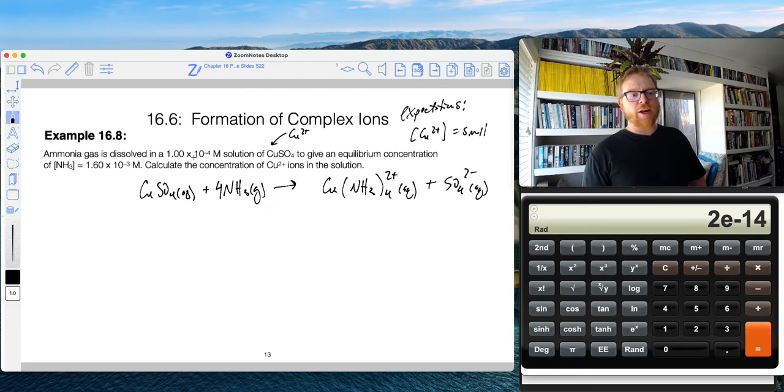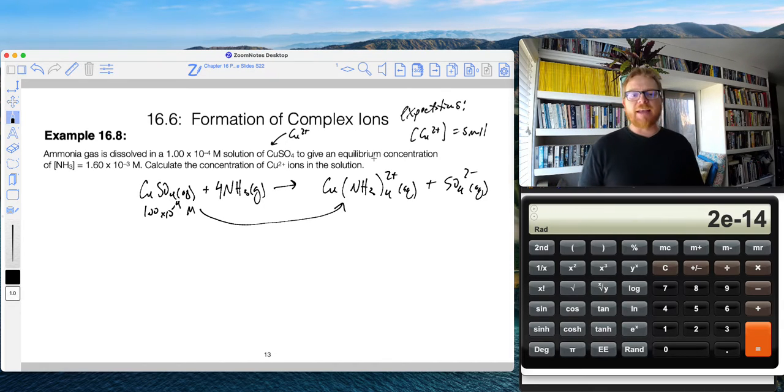So if I'm starting off with 1.0 times 10 to the minus 4 molar of the copper sulfate initially, and all of this ammonia gas is dissolved into that, because the formation of this complex ion is really, really large, we're going to assume that all of this makes, so that entire 1 times 10 minus 4 molar copper sulfate becomes 1 times 10 minus 4 tetramine copper 2, the complex ion.